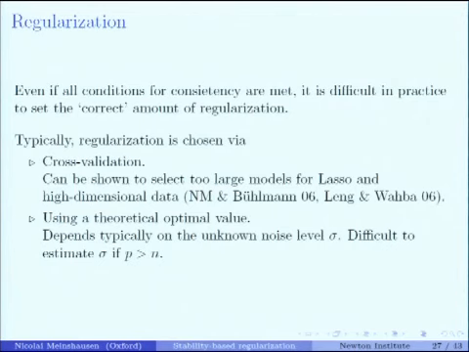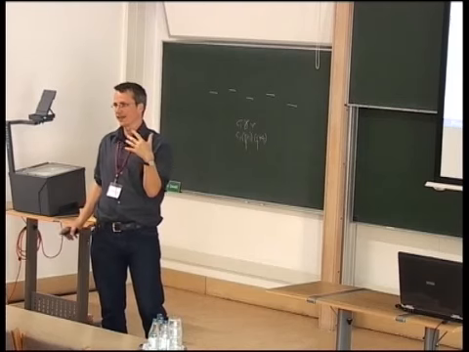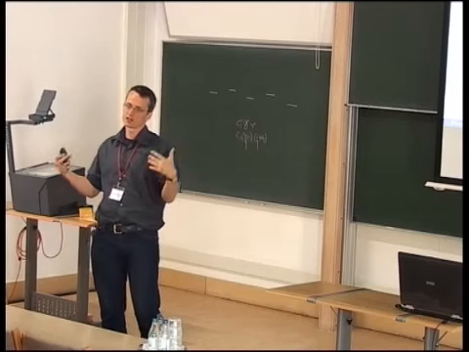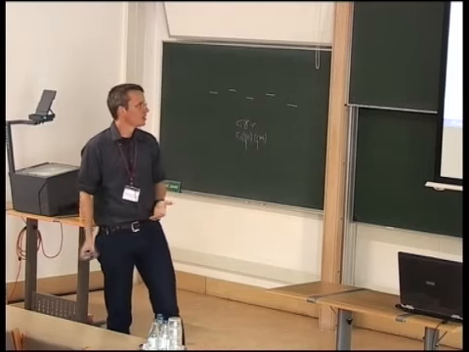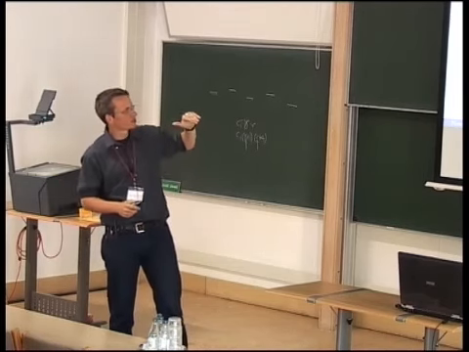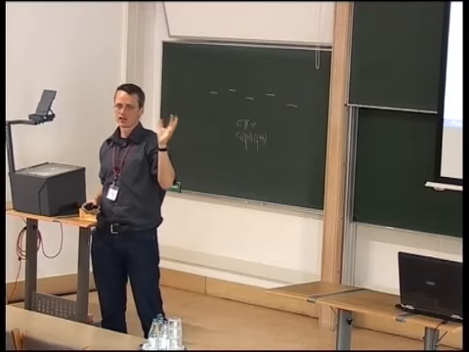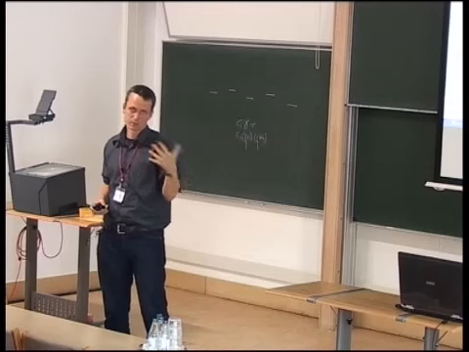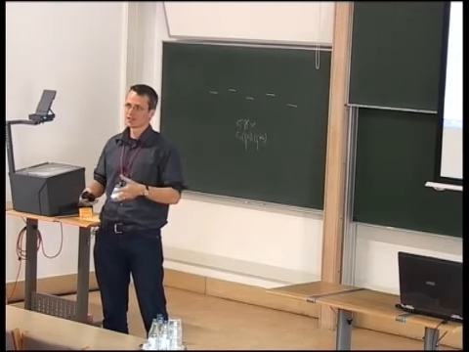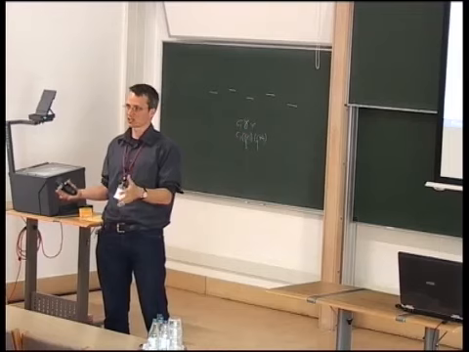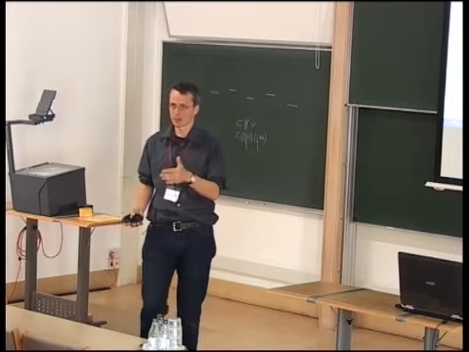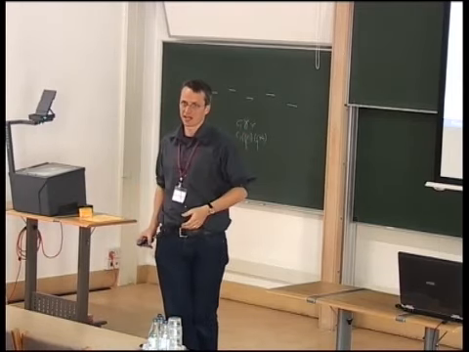And the second option you have is take a value which from theory you know works out nicely. The disadvantage with that approach is you need to know the noise level, typically at least, and it's quite hard to say in a practical application what the noise level is, especially, for example, if P is a lot larger than N.